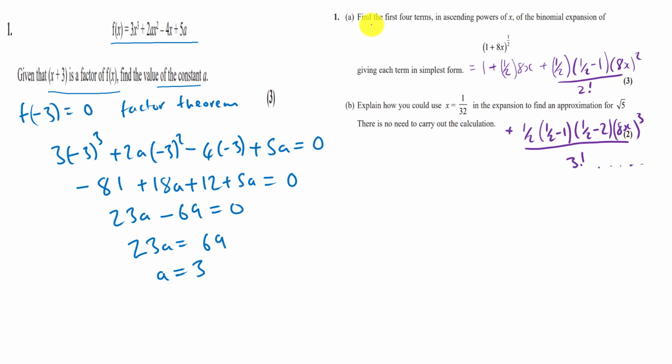Right, let's look at this one. Find the first 4 terms, in ascending powers of x, of the binomial expansion of (1 plus 8x) to the power half. Now I've written here how we would write the 4 terms, and it would follow this pattern in case you are asked for another term.